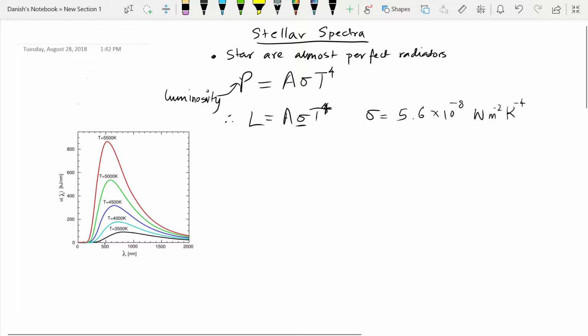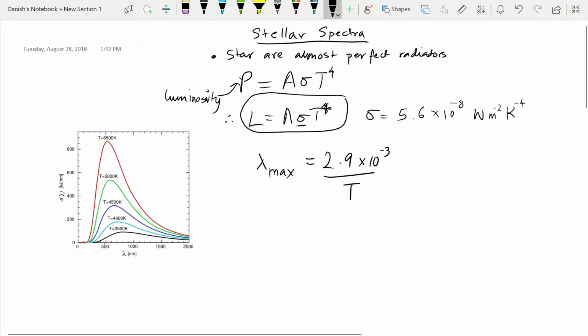The relationship between the peak wavelength and the temperature in Kelvin is given by the Wien displacement law, which is also in unit 8. So feel free to go back and review that. The peak wavelength, denoted lambda max, is given by 2.9 times 10 to the negative 3 over temperature in Kelvin.